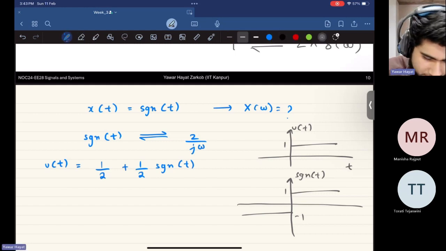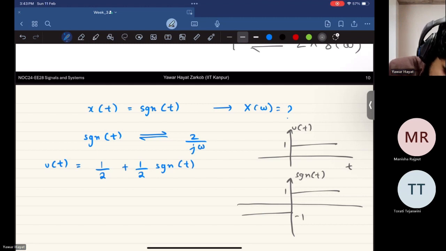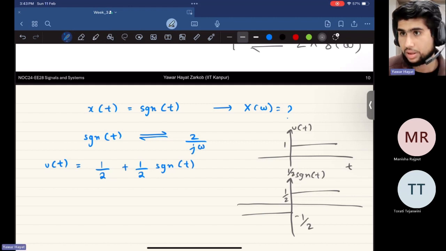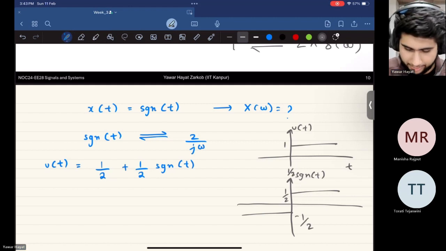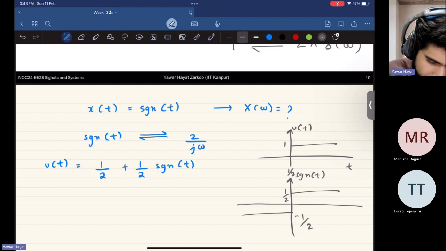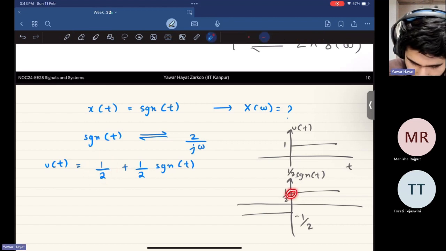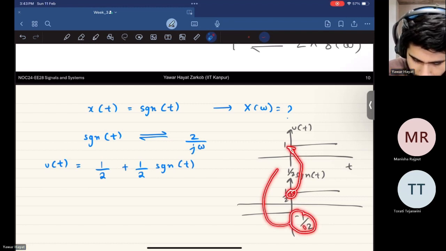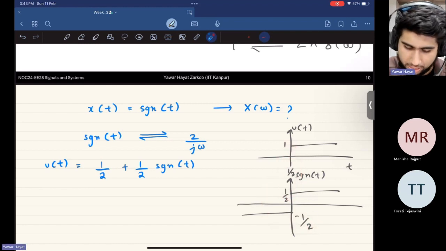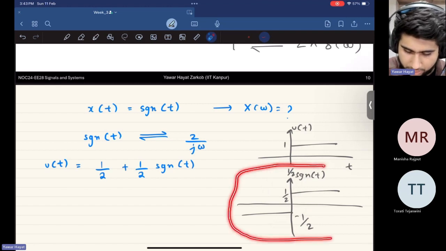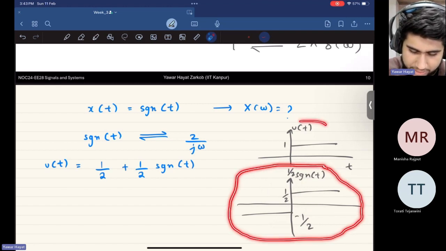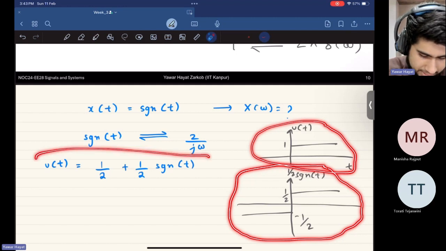If I use half of signum, this would be half, half, an amplitude scaling. And if I DC shift this signal by half, this would be 1 and this minus half would be 0. Essentially, if we add 1 by 2 to this signal, we get the unit step function. So we can write this.